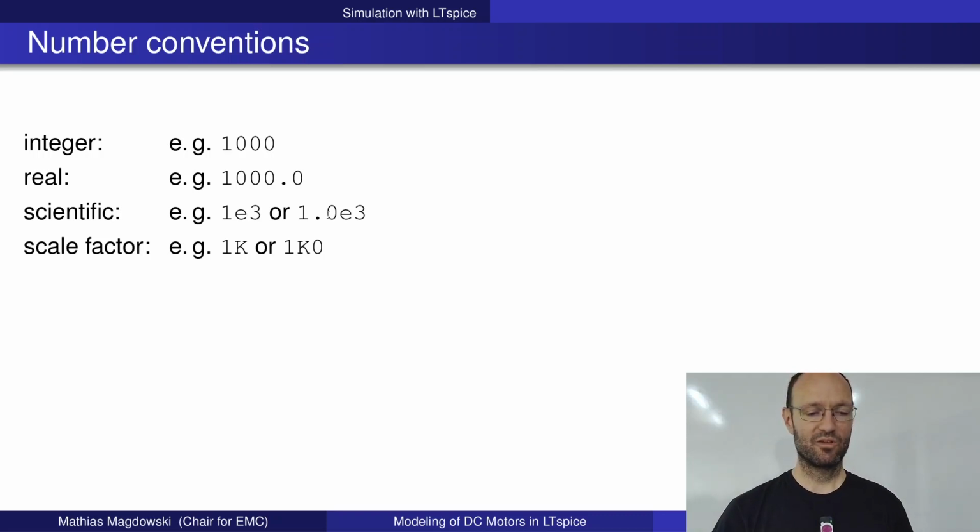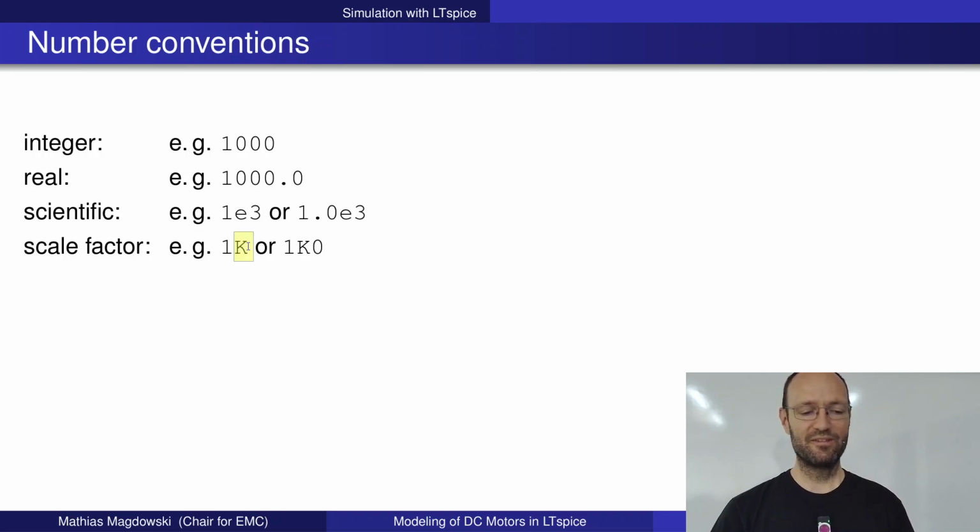1.0 times 10 to the power of 3 will also give you the same result. And then LTspice also uses the SI prefixes. So 1K, 1 kilo, is also 1 kilo ohm. 1K0 would be 1.0 kilo ohm.